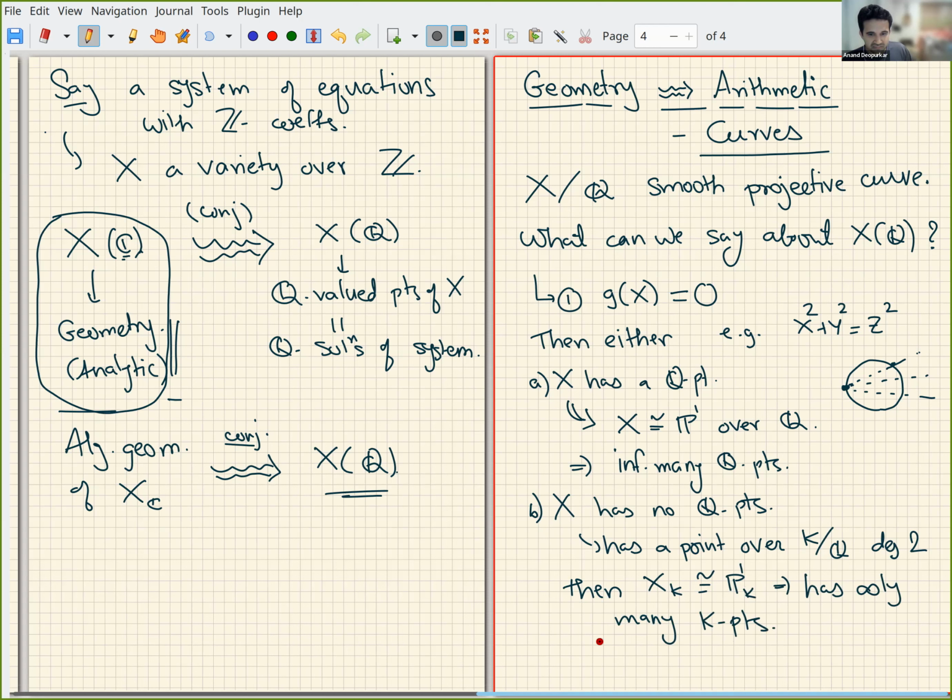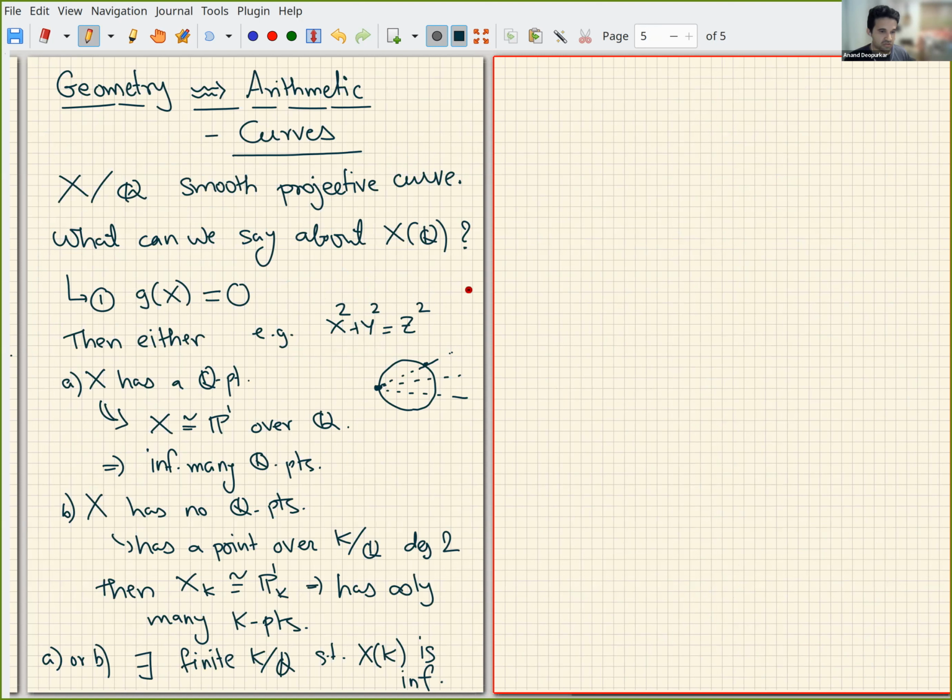So in any case, A or B, there exists a finite extension K of Q such that the set of K points is infinite.